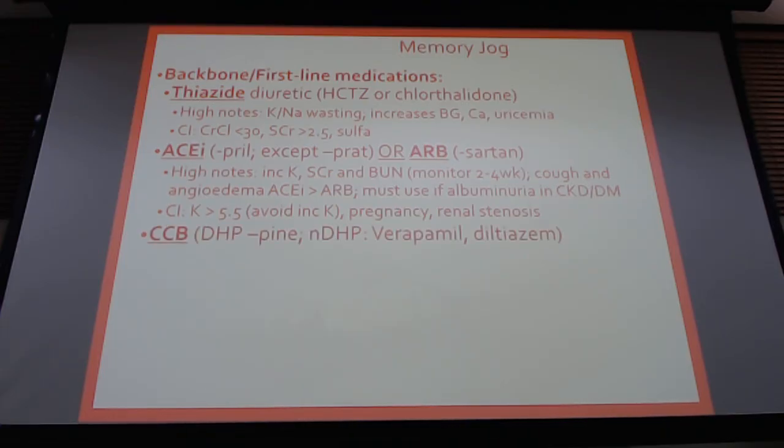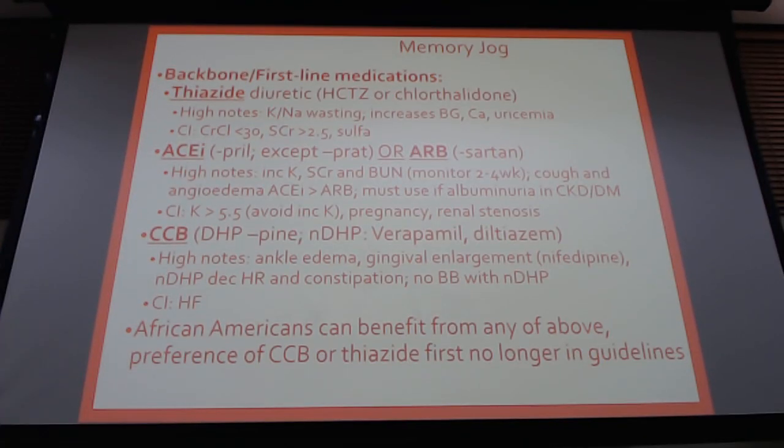Calcium channel blockers, we had 2, we had our DHPs and our non-DHP. Our DHP, we ended in peen, and then our non-DHP, we had verapamil and we had diltiazem. And then some of our high notes, remember edema, remember that our nifedipine was nasty, it caused gingival enlargement. Your non-DHPs are gonna more so focus on the heart, whereas your DHPs are more so focused on the vasculature.